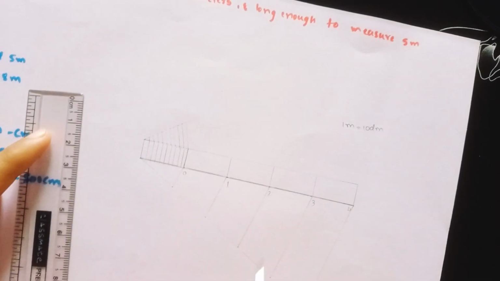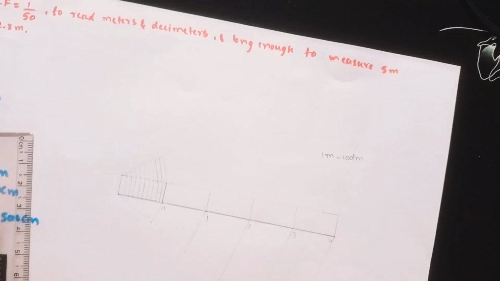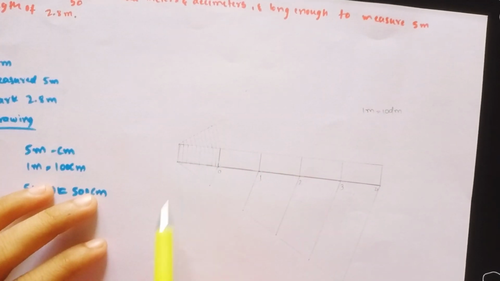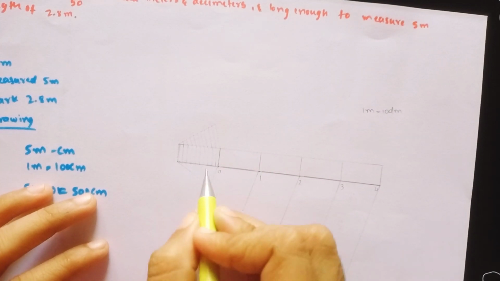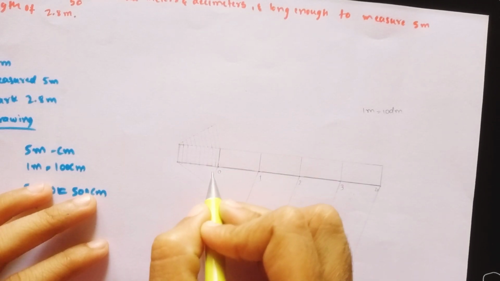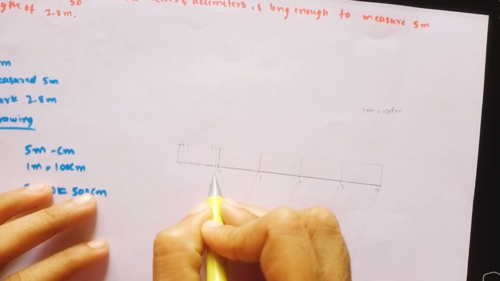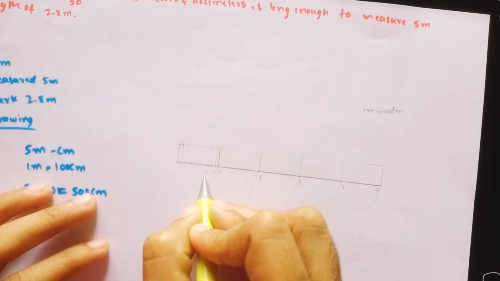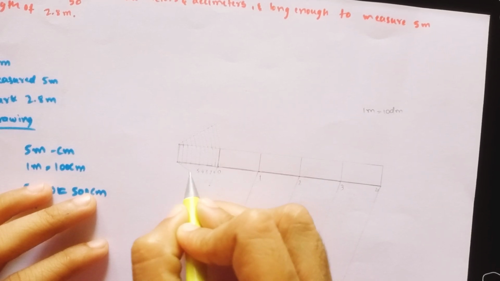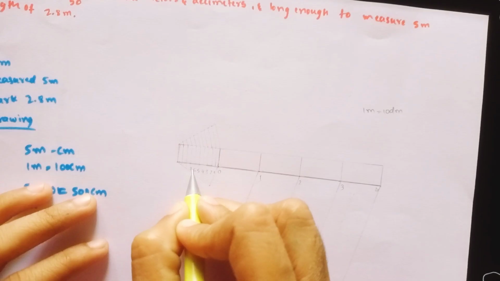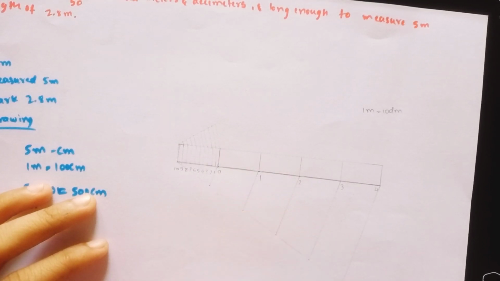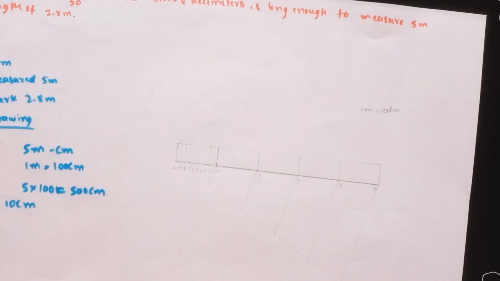So this shows our decimeter value, and this is how we need to draw the decimeter units. Here I will give the names: 0, 1, 2, 3, 4, 5, 6, 7, 8, 9, 10. This is how we need to draw.